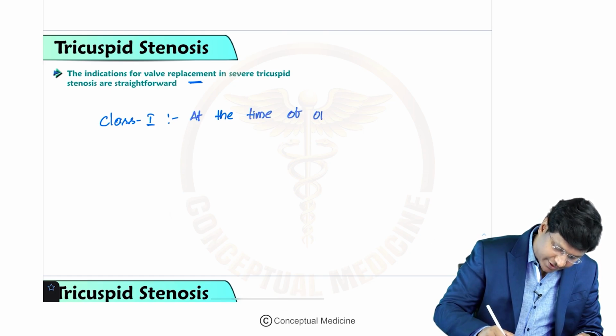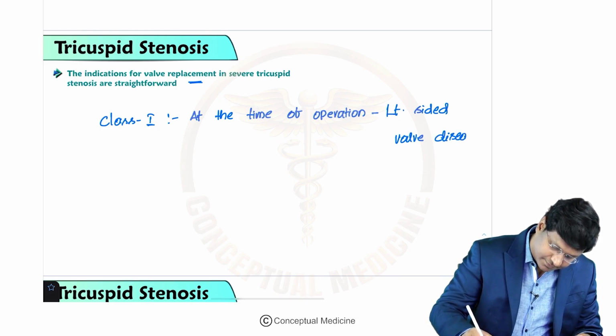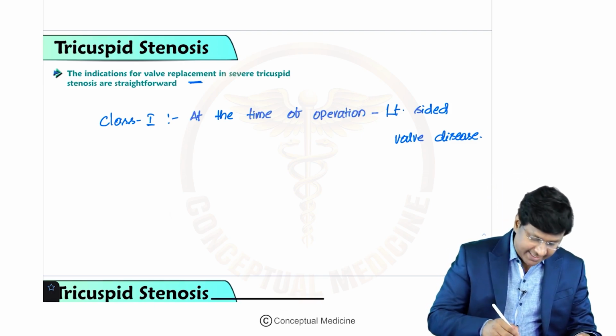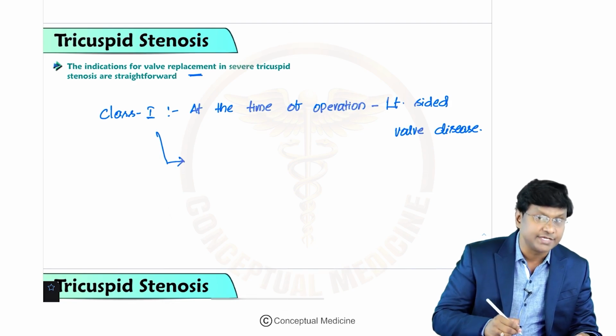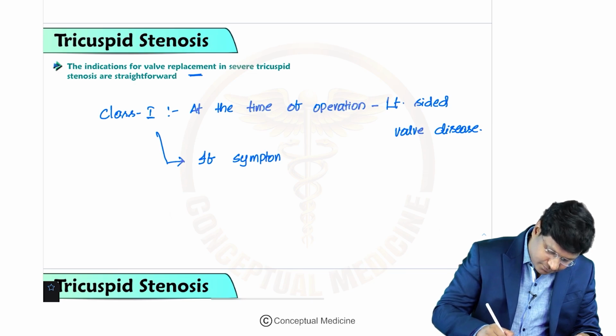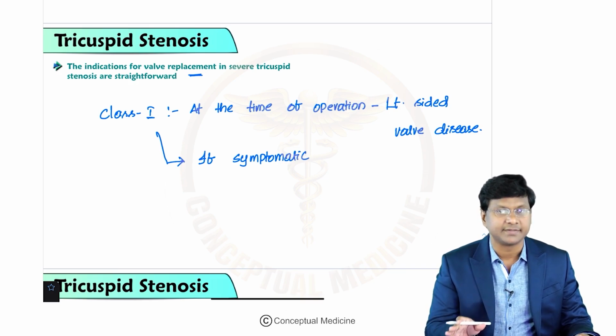And another important class 1 indication is if the individual is symptomatic.